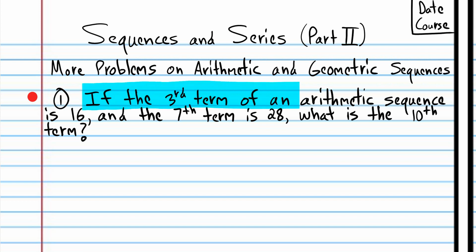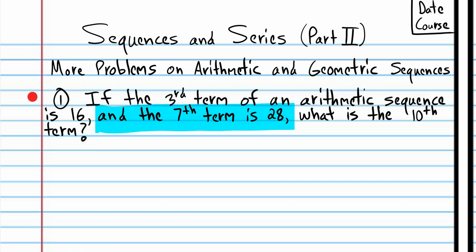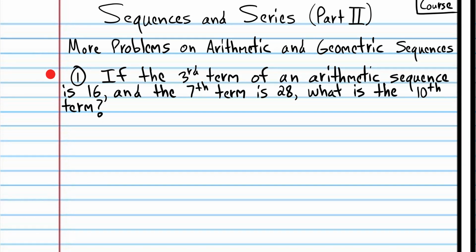If the third term of an arithmetic sequence is 16 and the seventh term is 28, what is the 10th term? So you don't have to do this, but just to help us visualize what the problem is asking, I'm going to write the number of each term.